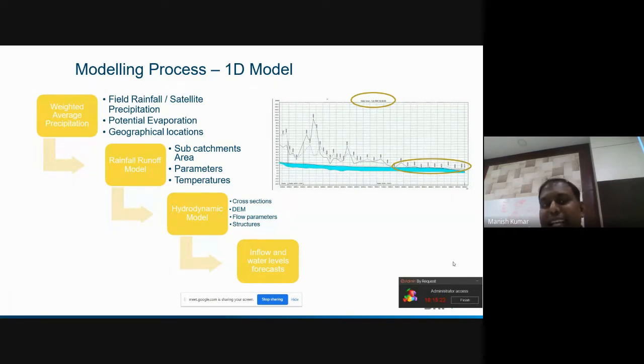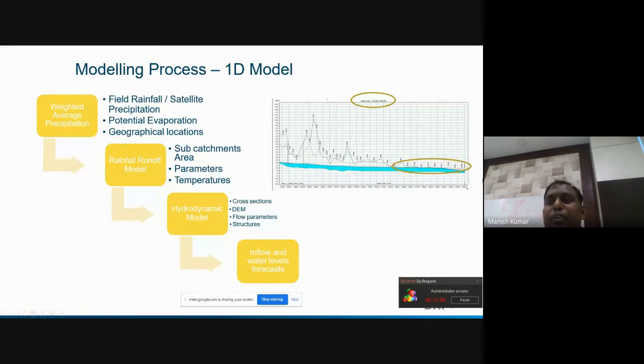Then we use this catchment rainfall to generate catchment runoff, and then this catchment runoff enters into the hydrodynamic model, and then you get the inflow and water level at different cross sections for the forecasted period.